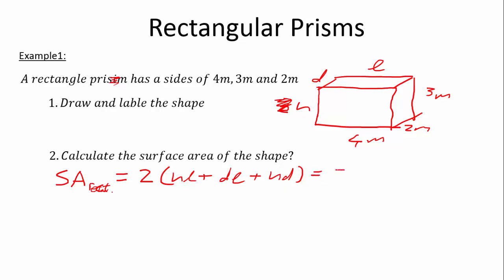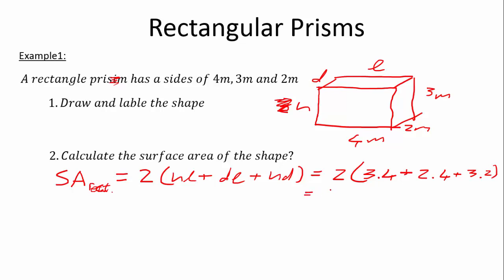So this is 2 multiplied by the height of 3 meters multiplied by the length of 4, plus the depth of 2 meters multiplied by the length of 4, plus the height of 3 meters multiplied by the depth of 2. I'm just putting a dot as multiplication.